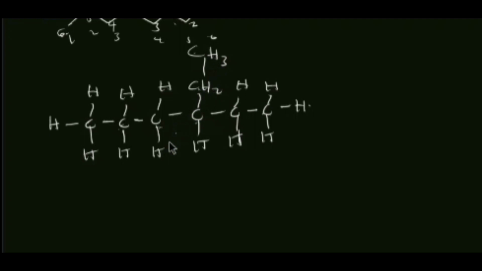So how are we going to name this? Since you have 1, 2, 3, 4, 5, 6, we have 1, 2, 3, 4, 5, 6. They are all chains of the same number of carbons. Which one do we take? And the rule was we should take the chain with the most substituted or with the most branching. And you can see that this is the chain we have here. So we have to take 1, 2, 3, 4, 5, 6, and that will be the chain we are supposed to take, right?